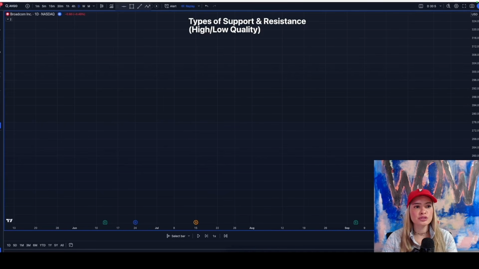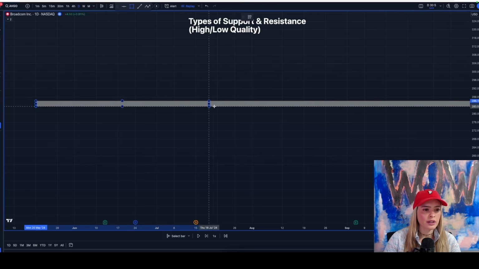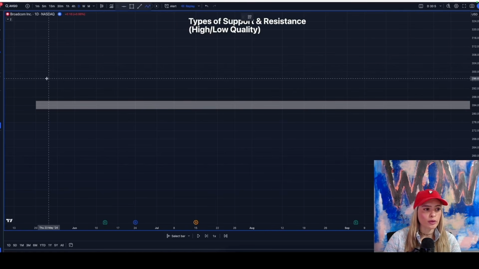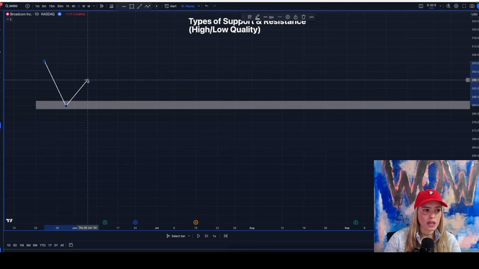For me, there are two types of support and resistance, high and low quality. So how do we know that? Let's go with a level here. A low quality support will be something like this. It touches one time and then you have a bounce there.